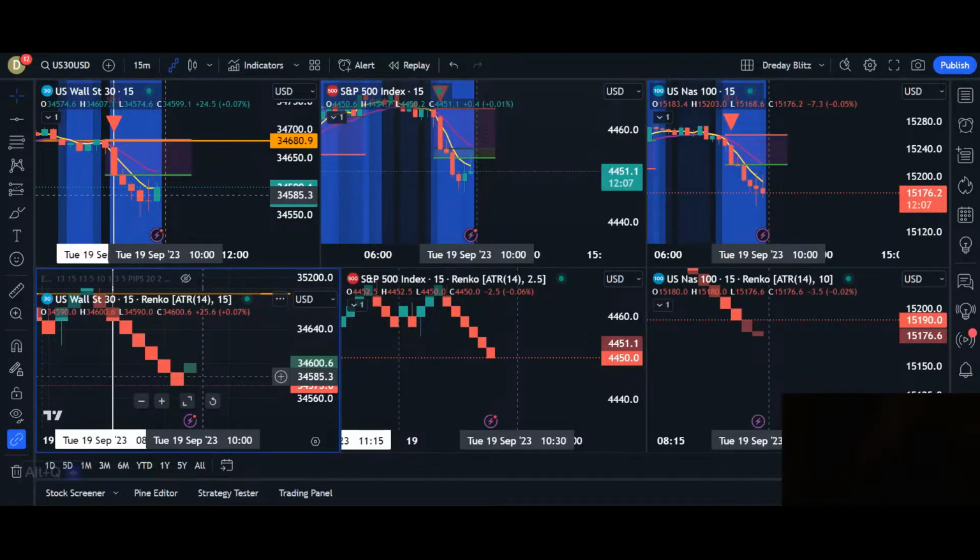So I would put 1 hour on the candlestick chart, and 1 hour on the Renko bars. Okay, and that way you're able to take bigger moves, and you're gonna have a bigger profit because you're keeping your trade longer.